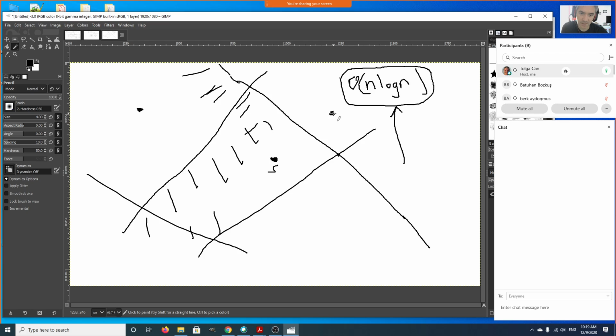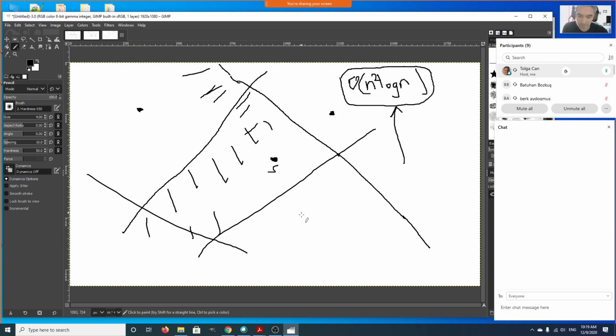So I need to compute the intersection of these half planes for each of these sites separately, which will lead to an O(n squared log n) algorithm. Because there are n sites, I compute the intersection of it with the others in n log n time.